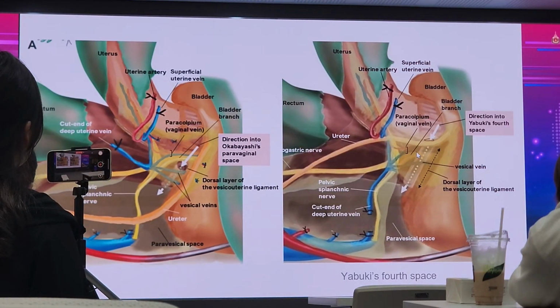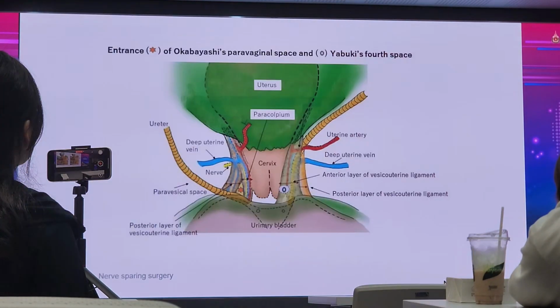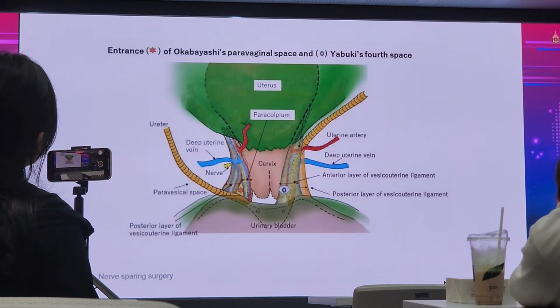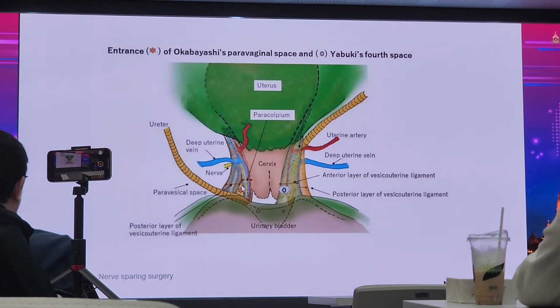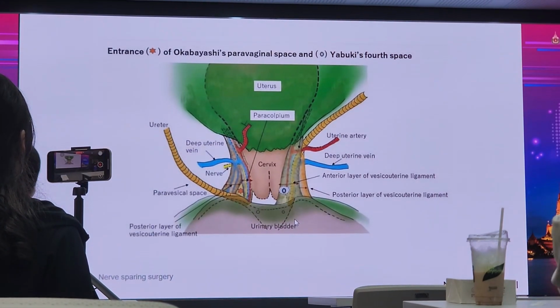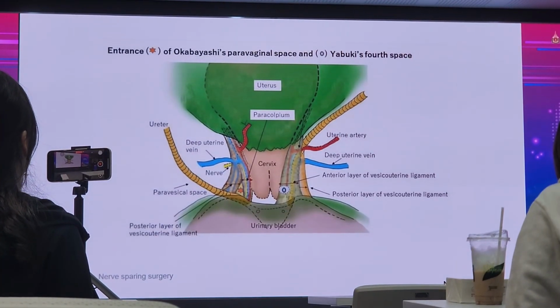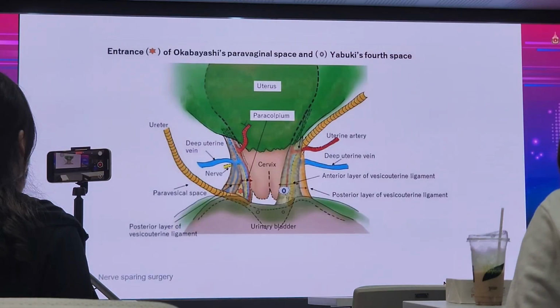So it's another approach, but the concept is the same: trying to preserve the branch to the bladder of the hypogastric nerve as much as possible. The star here is the Okabayashi's paravaginal space, and the O here is the Yabuki's fourth space. You have to cut over here, so this morning you can try your hands at identifying this space.